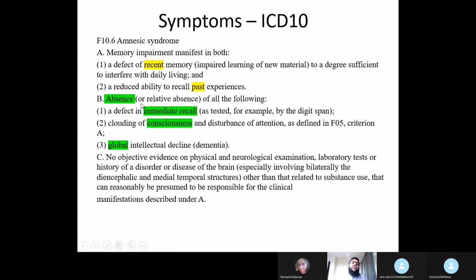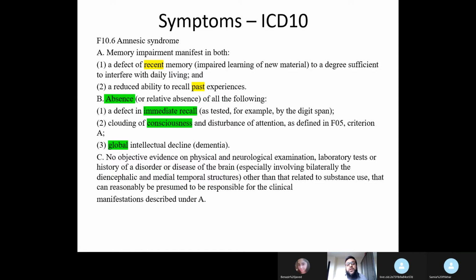Now, which I have highlighted as green, is absence of a defect in immediate recall, which means I'm giving a green signal that immediate recall is normal. Consciousness is normal. There is no delirium. There is no clouding of consciousness.